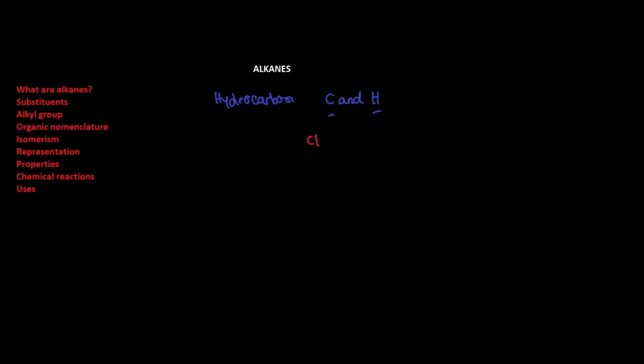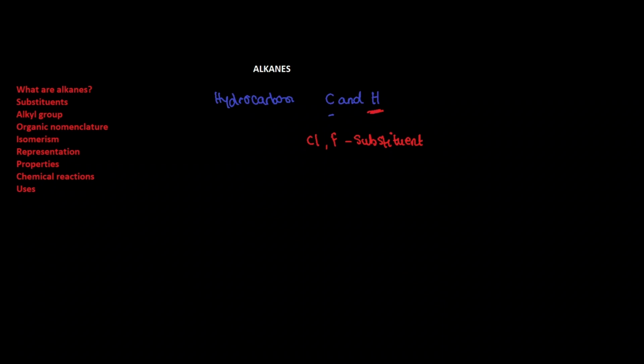These other elements could be halogens such as chlorine and fluorine, and in a case where we have elements other than carbon and hydrogen, such elements are referred to as substituents, because they have substituted hydrogen in such an alkane or hydrocarbon. Chlorine and fluorine are just a few examples of substituents that we might have.